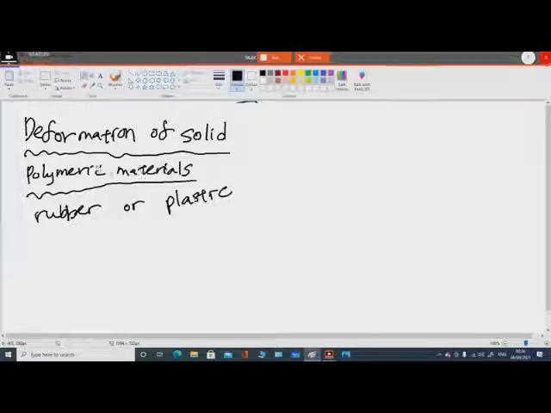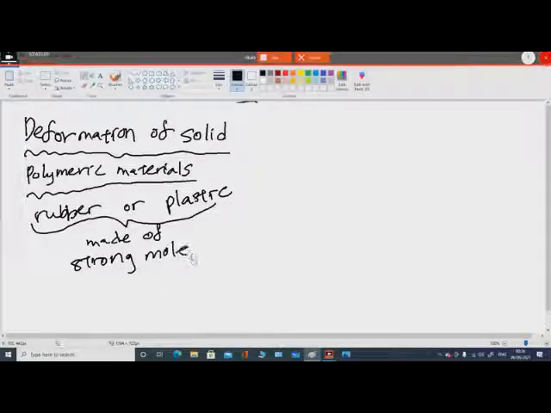These are made of strong molecular chains, as we observed from chemistry.